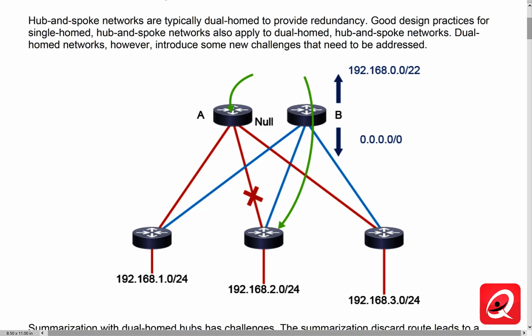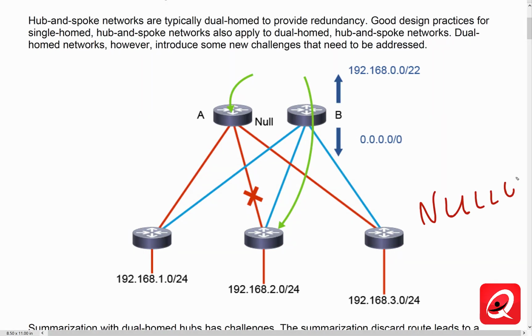Now, what do they mean by a summarization discard route? Whenever you do summaries on a router, there's always going to be a route that is created, which is called a null zero route. It is a way for us to ensure that we're not routing for networks that don't exist.